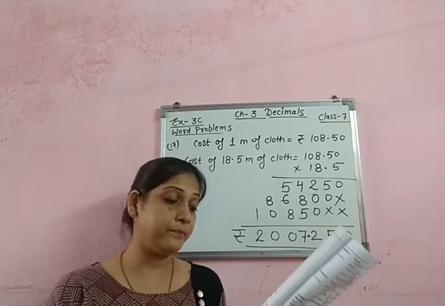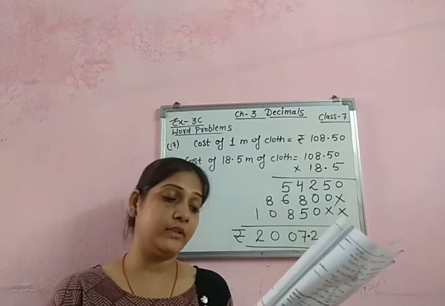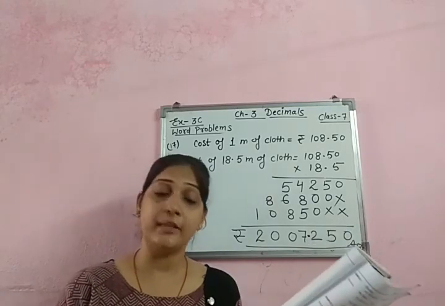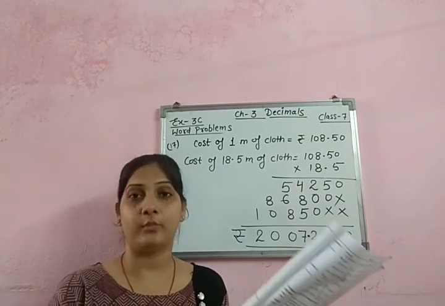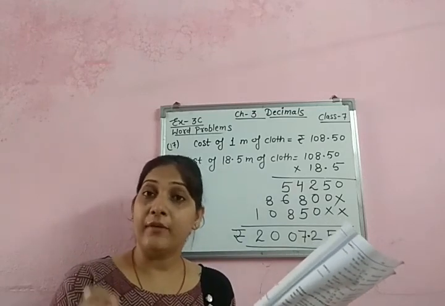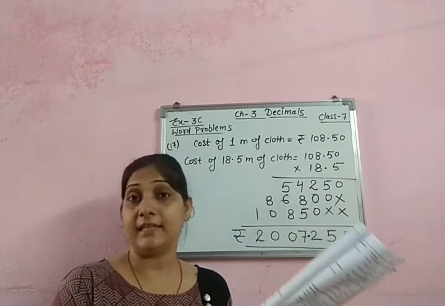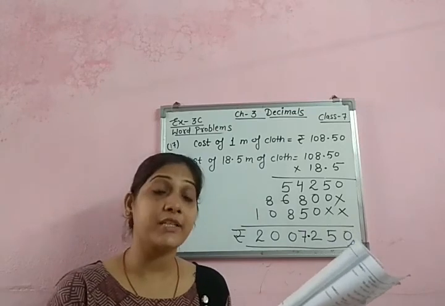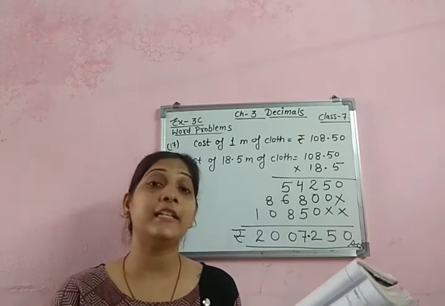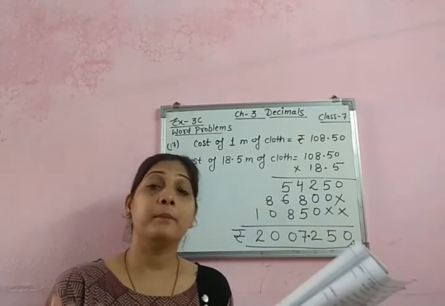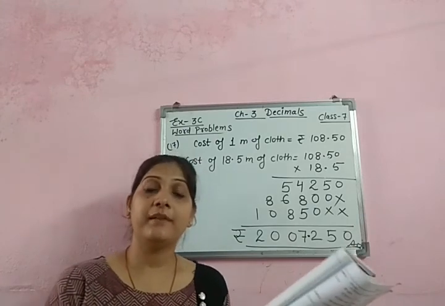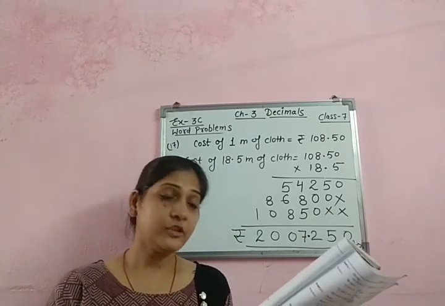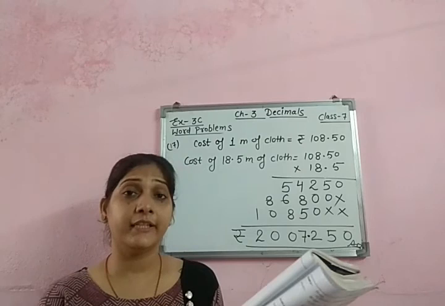Let's do it with me. A taxi driver charges rupees 9.80 per kilometer. 1 किलोमीटर जाने के लिए टैक्सी ड्राइवर क्या चार्ज करता है? रुपीज 9.80. This is the money which is paid by whoever travels in his taxi.